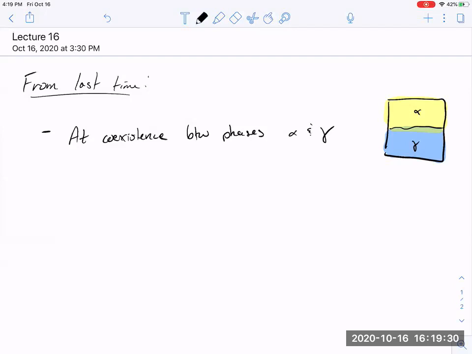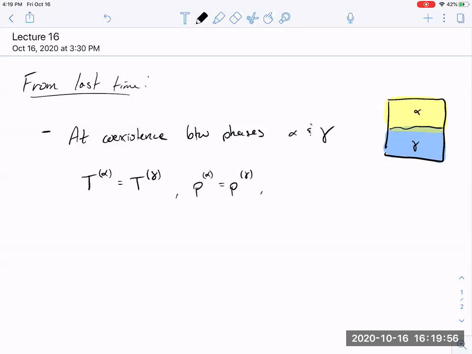It must be the case for the equilibrium of that state to be well defined that the temperature of phase alpha be equal to the temperature of phase gamma. Otherwise, energy would flow from alpha to gamma. It must also be the case that the pressures are the same.